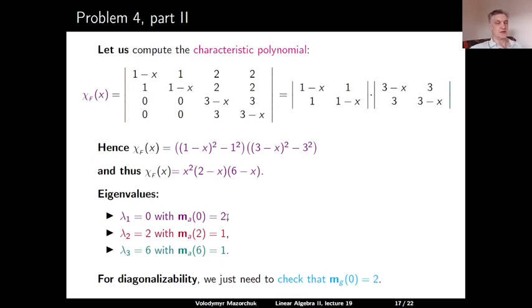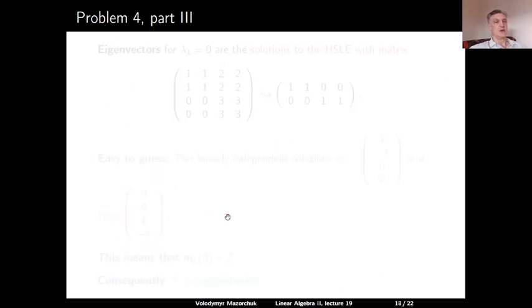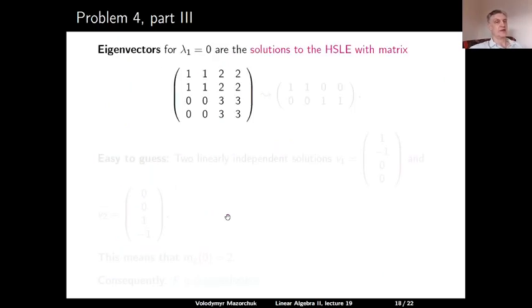So let's check that. Let us find all eigenvectors for the eigenvalue 0. Such eigenvectors are the solutions to the homogeneous system of linear equations with matrix our matrix minus the eigenvalue. But the eigenvalue is 0, so we just do nothing. We take the matrix of f in the standard basis.